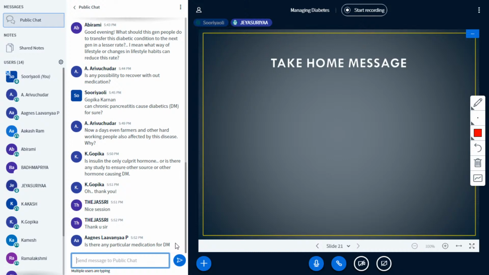Yeah, Ms. Lavanya, is there any particular medications for DM? As I said earlier, first of all we'll have to classify whether it is type 1 or type 2. Thereafter, administrating the level of insulin can be considered in case of medications.